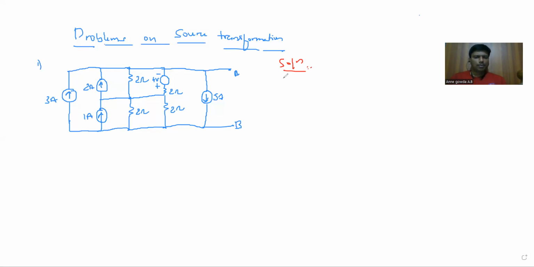In the first step, I'll convert this 4 volts voltage source into an equivalent current source. So I'll rewrite the circuit as it is.